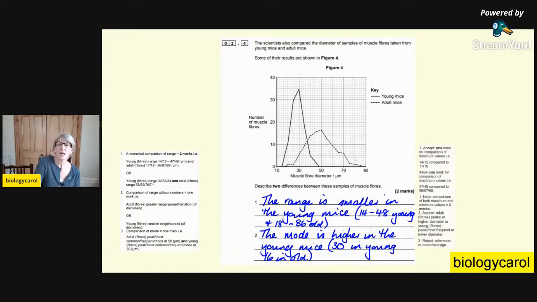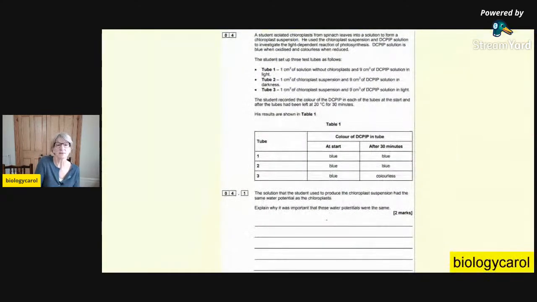Here's the mark scheme, and I found this a little bit bizarre because I put these numbers in, I actually got marks 1 and 2 here, which I found a bit funny. I think if I hadn't put any numbers in, comparison of the range without numbers, I would have got mark 2, and I would have got both marks actually if I hadn't put the numbers in, but it just felt a little bit simple to me.